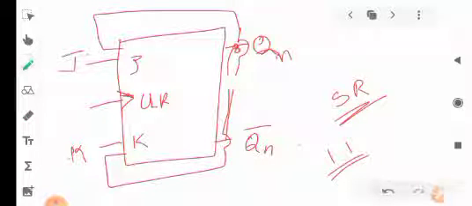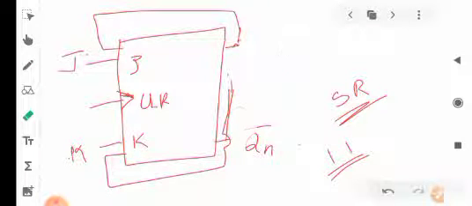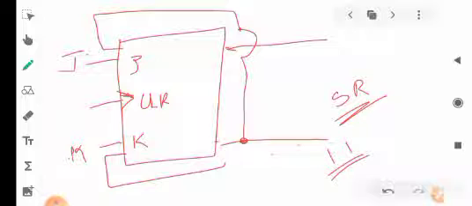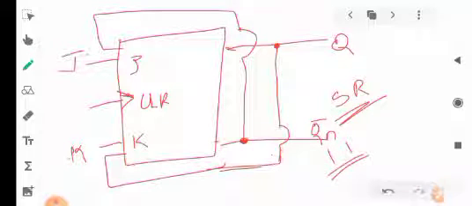If you are not understanding, I will show you in detail. I am cross connecting this one like this. So this will be your Q, this will be Qn complement, and these two values are complement to each other.